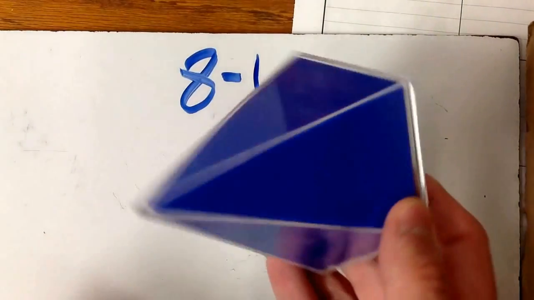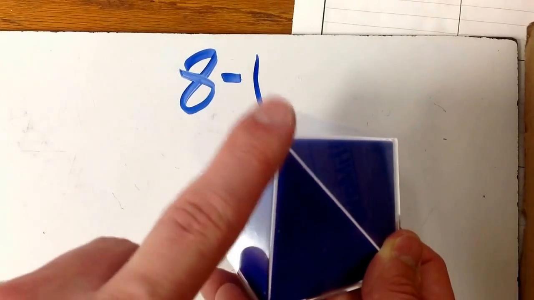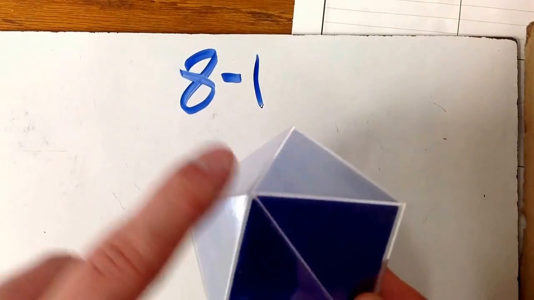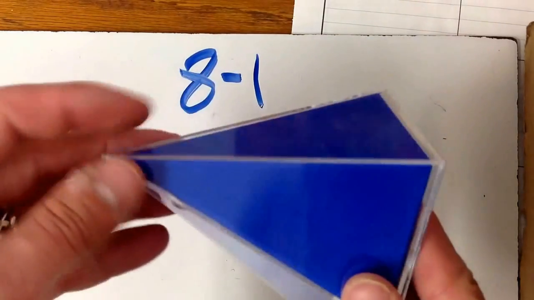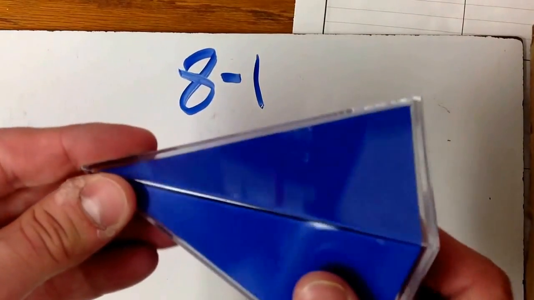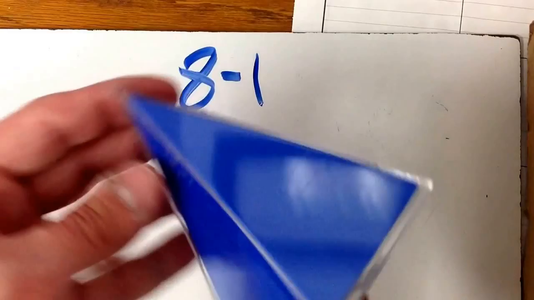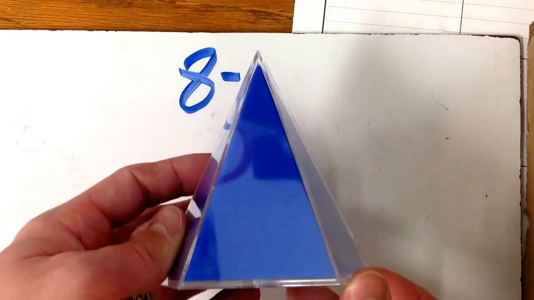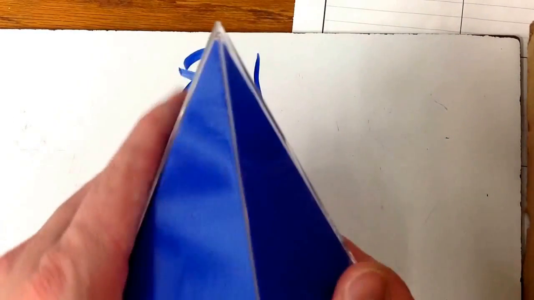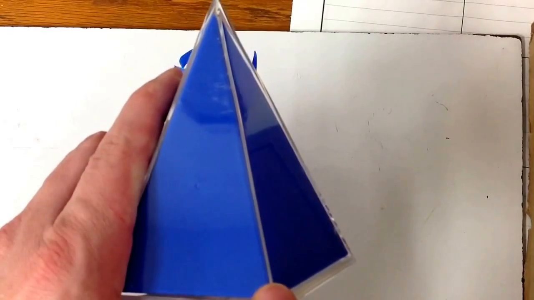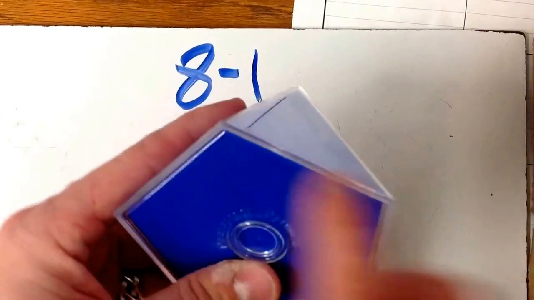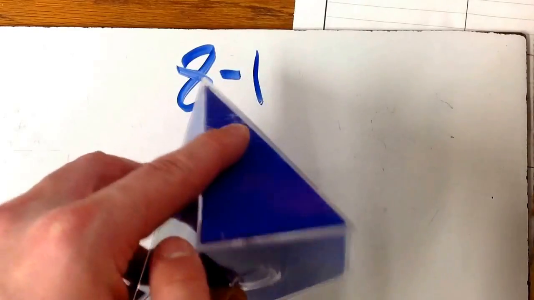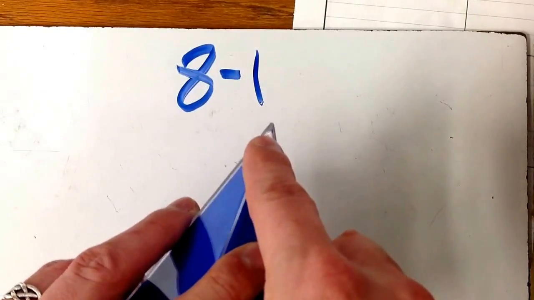Instead of 2 bases, you'll notice that all of the points meet right here at a vertex. So I've got one base, one vertex, and I've got lateral faces between. Notice that my lateral face for a pyramid is what shape? Right, triangle. So I still have my lateral edge, lateral face, base, and base edge, vertex, vertex, vertex.